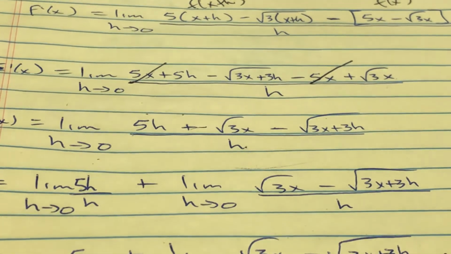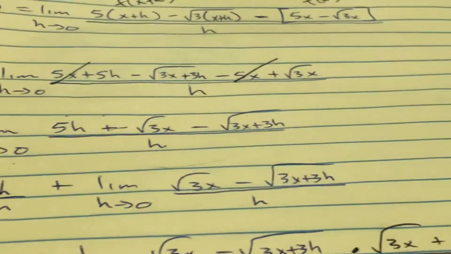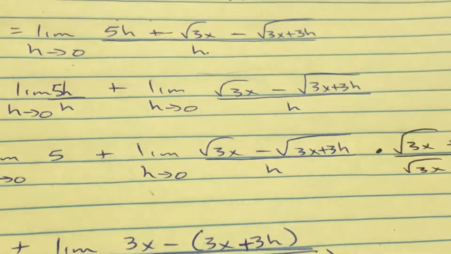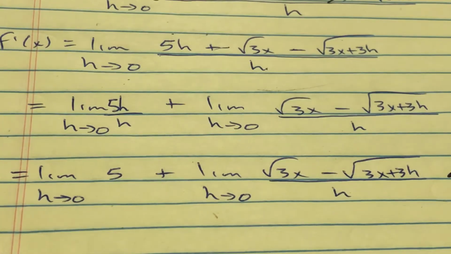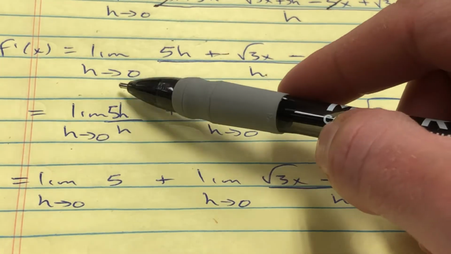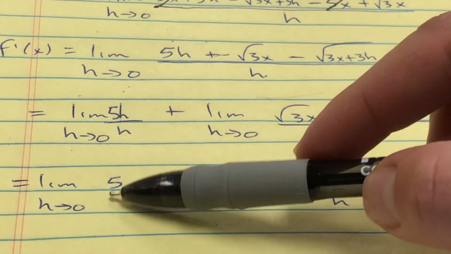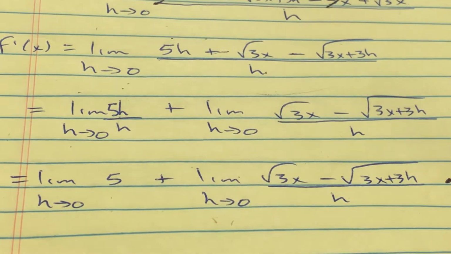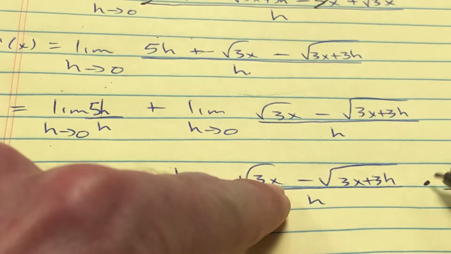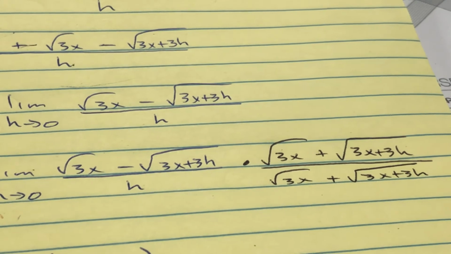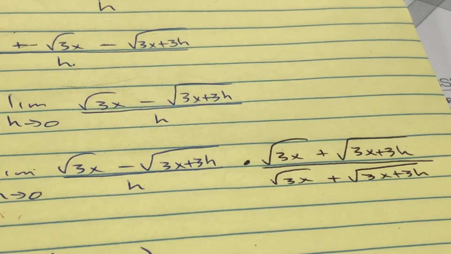In fact, how we're going to handle that is we're going to multiply. Let's go to this next line. The limit as h goes to 0 of 5h over h, the h's cancel, so I now have the limit as h goes to 0 of 5 plus the limit as h goes to 0 of this times its conjugate, which is root 3x plus root 3x plus 3h, top and bottom.